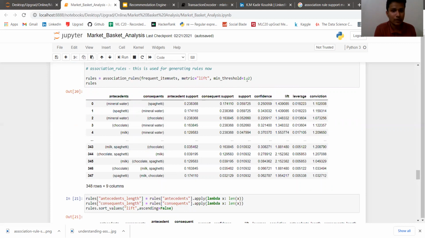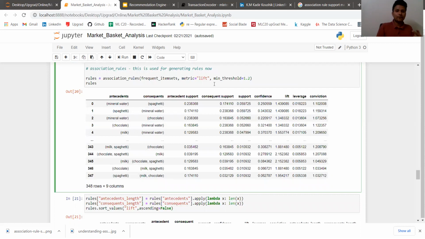One important thing to notice for lift, as I have mentioned: if lift is less than 1, we can understand that there is no relation between the two products. And if the value is 1, the items are completely independent, no relation at all.